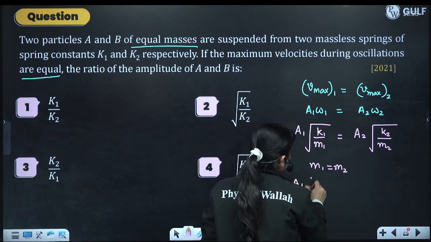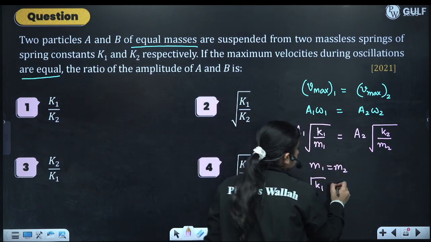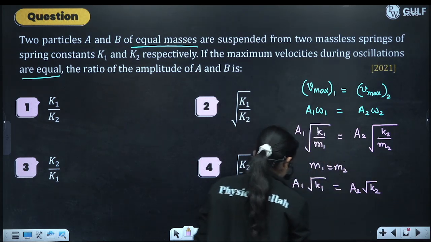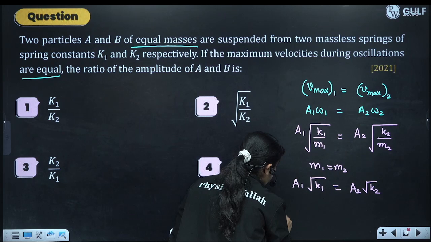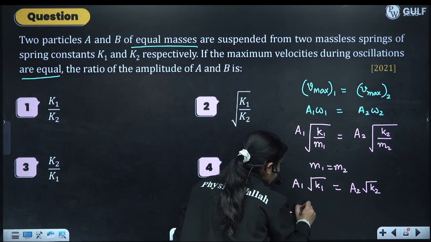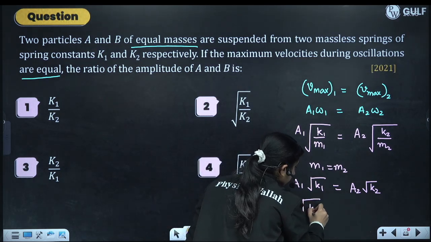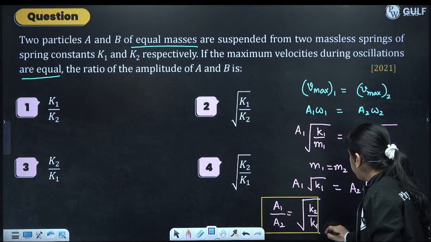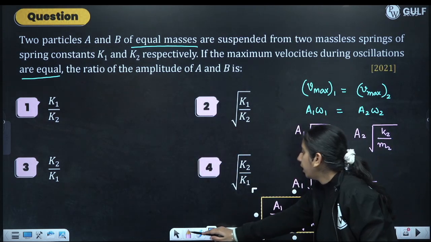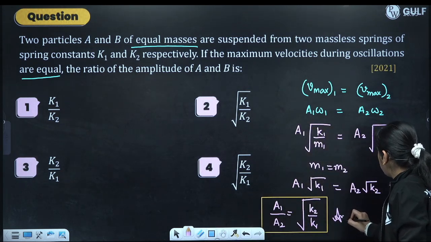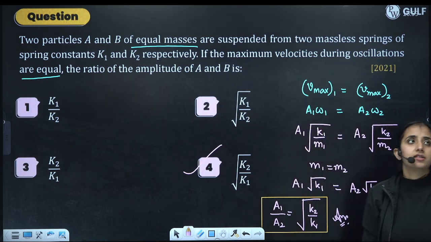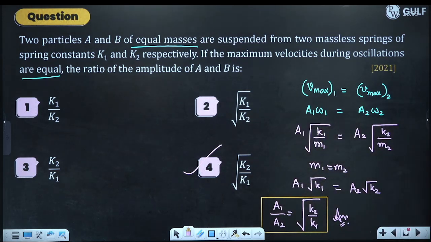We will get A1 into root K1 is equal to A2 into root K2. So the ratio of their amplitudes A1 by A2 will be under root of K2 by K1. Option number 4 will be the answer.